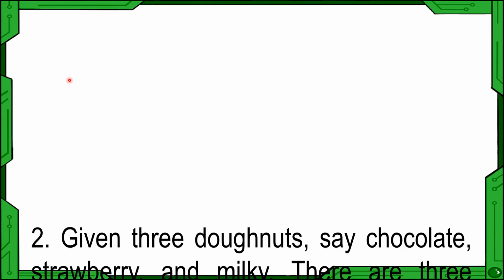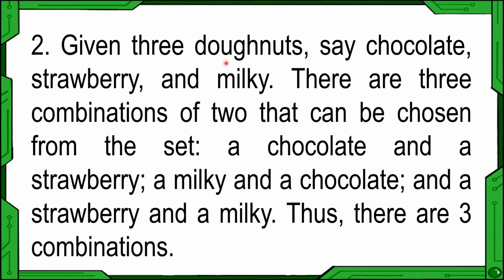Our second example for combination: given 3 donuts, say chocolate, strawberry, and milky, there are 3 combinations of the 2 that can be chosen from the set. So these are a chocolate and a strawberry, or strawberry and chocolate, counted as 1.